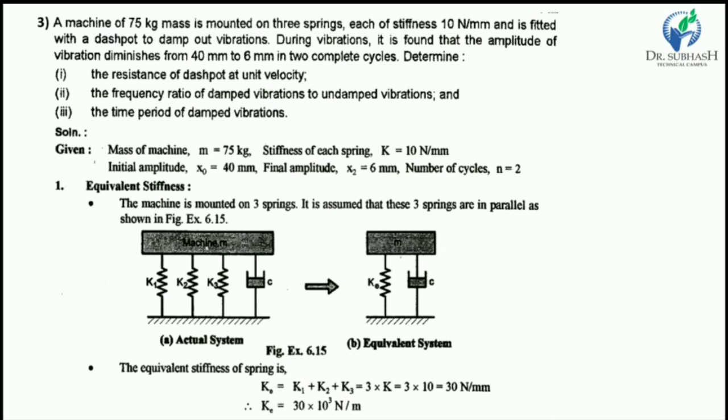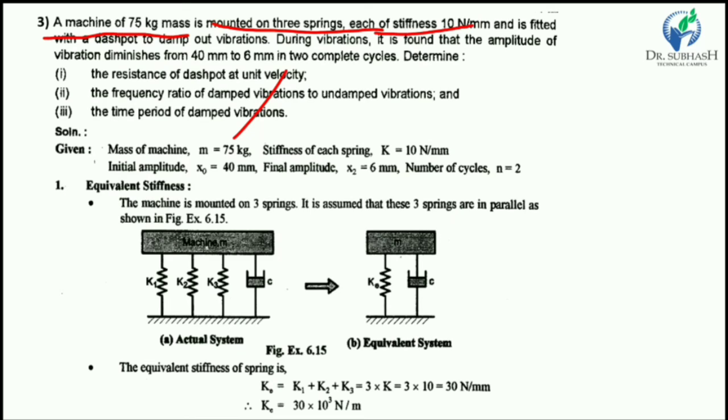Okay, another example is taken. Let's see what data is given. A machine of mass 75 kg is mounted on a spring with a stiffness of 10 Newton per mm. It is fitted with a dashpot to damp out the vibration.